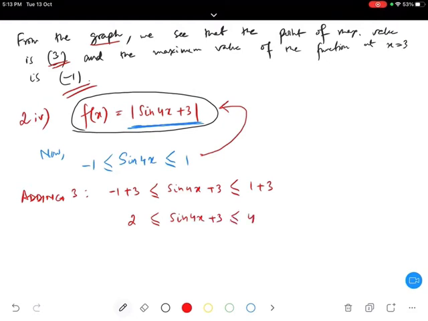Now after looking at this one, the function is a modulus function. So since it's a mod function, I will take mod on all sides. So taking modulus, what do you get? Mod 2 is how much? Yes.